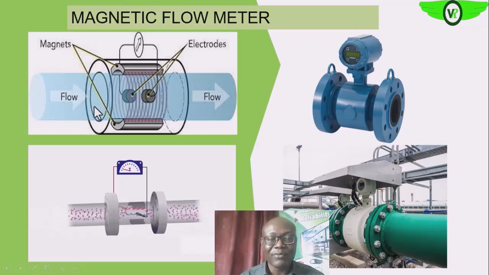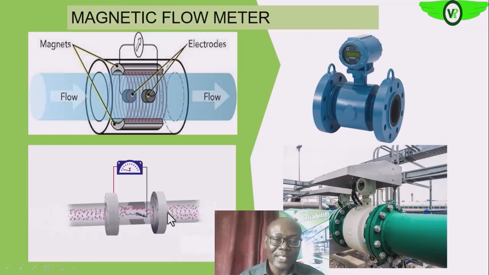So the higher the flow, the higher the amount of induced voltage on this circuit. So with that, we can calibrate the flow meter, since it's getting a voltage signal, to give us a direct reading of the flow of the fluid through that section of our pipeline.